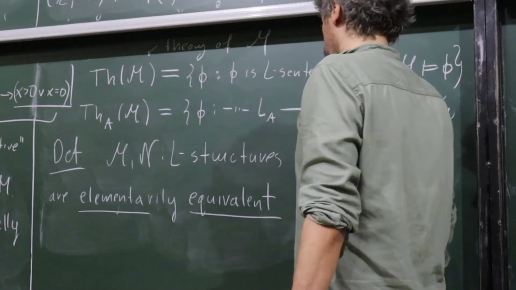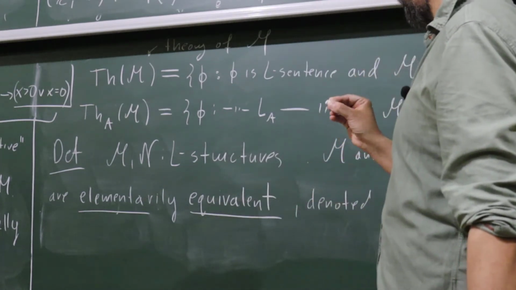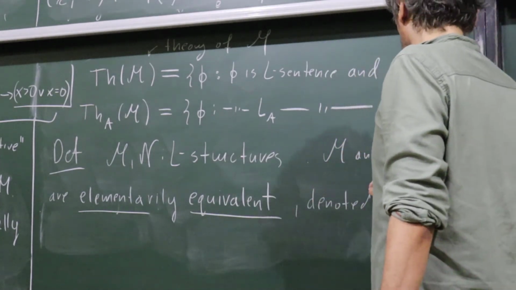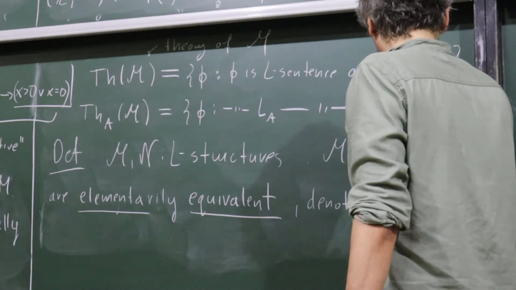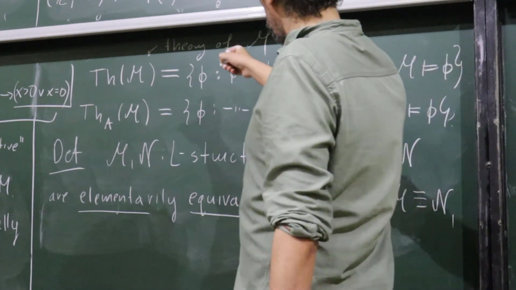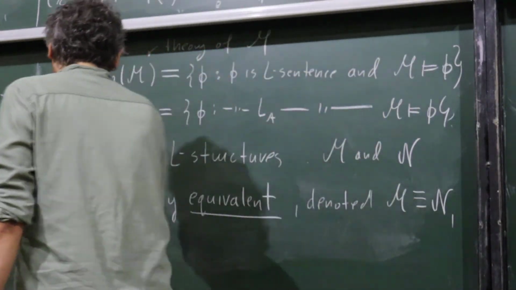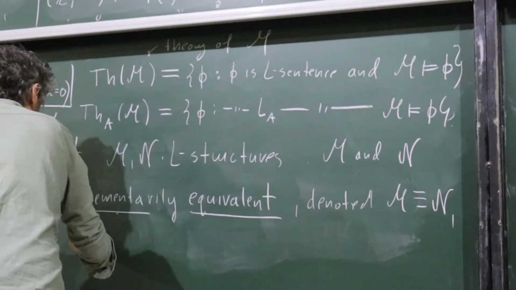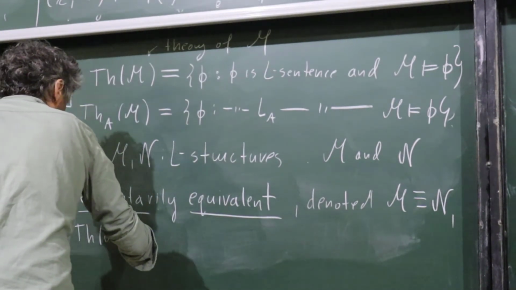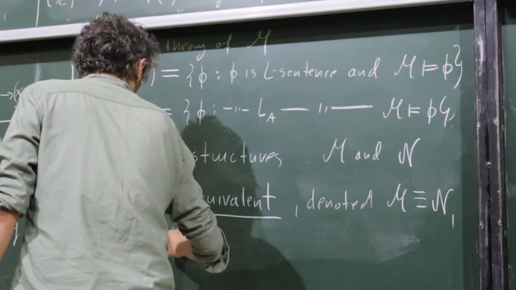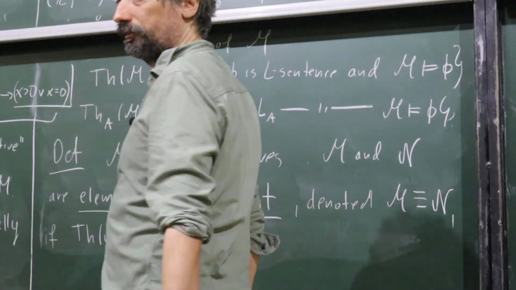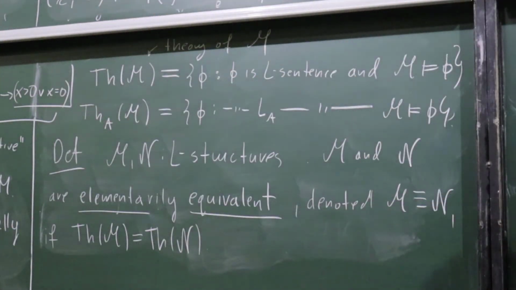So actually it's something like isomorphism but weaker, much weaker. So notation is like this if they have the same theories. Kind of they are the same from the model theoretic point of view. Everything which is true in one structure is true in the other.